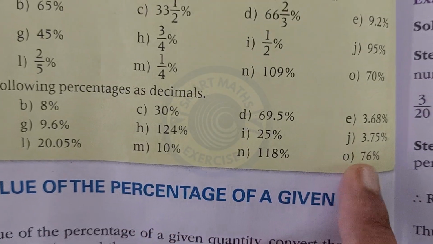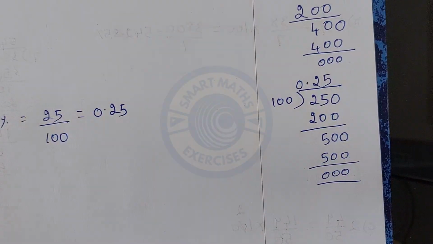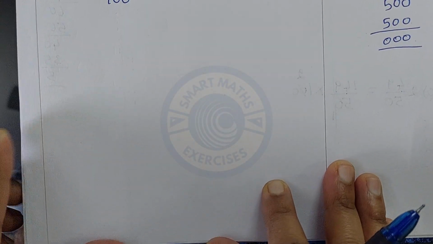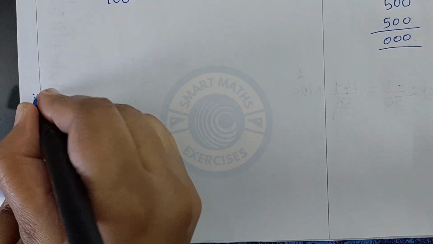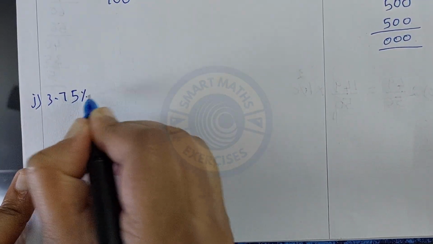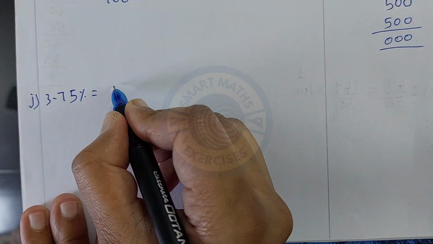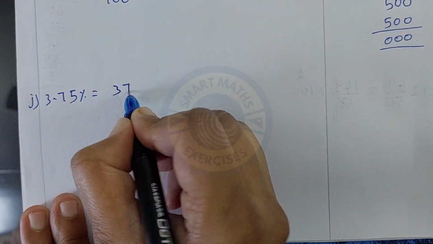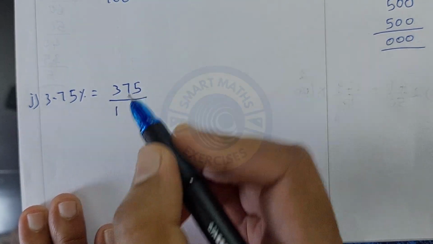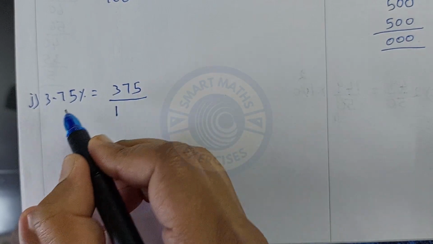Next question is J, 3.75%. This number is a decimal number. You have to make this into a fraction. Keep 375 in the numerator. In the denominator, you can write 1.